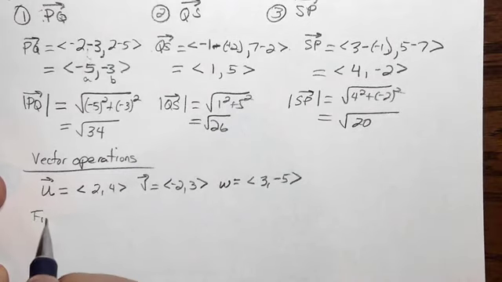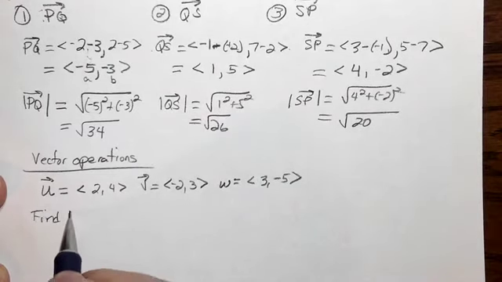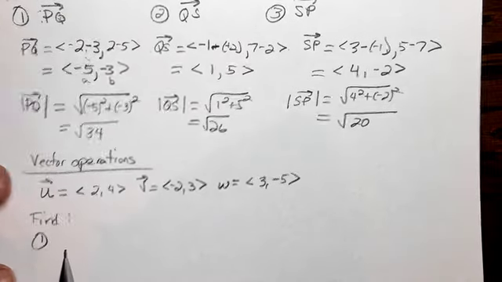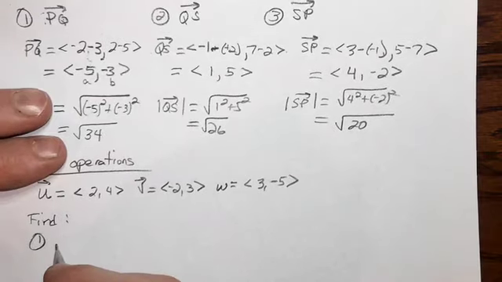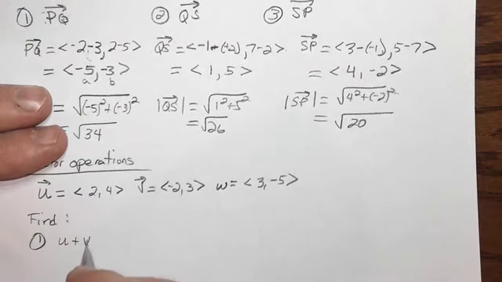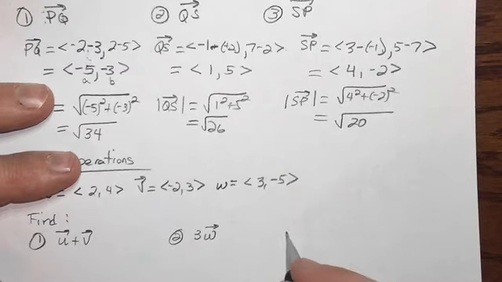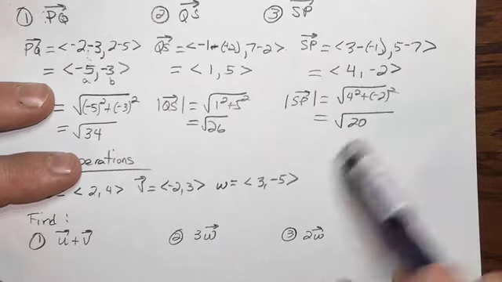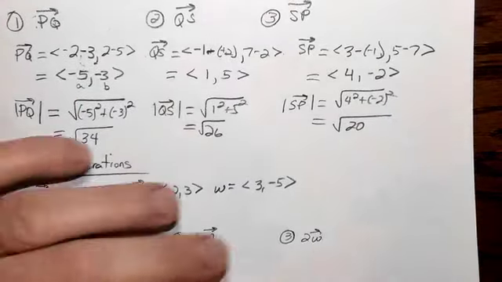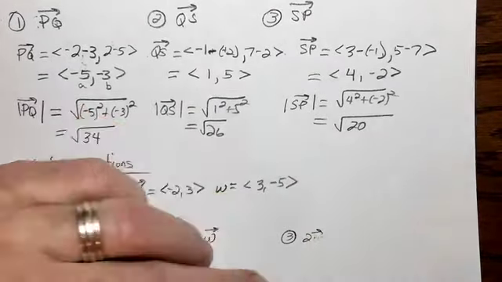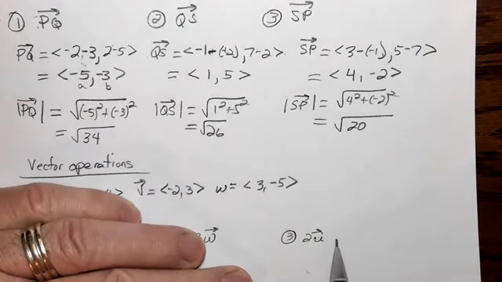Let's say we want to find the following. One, we want to find what U plus V is. Two, we want to find out what 3 times W is. And the third one, we want to find 2U minus 3W.